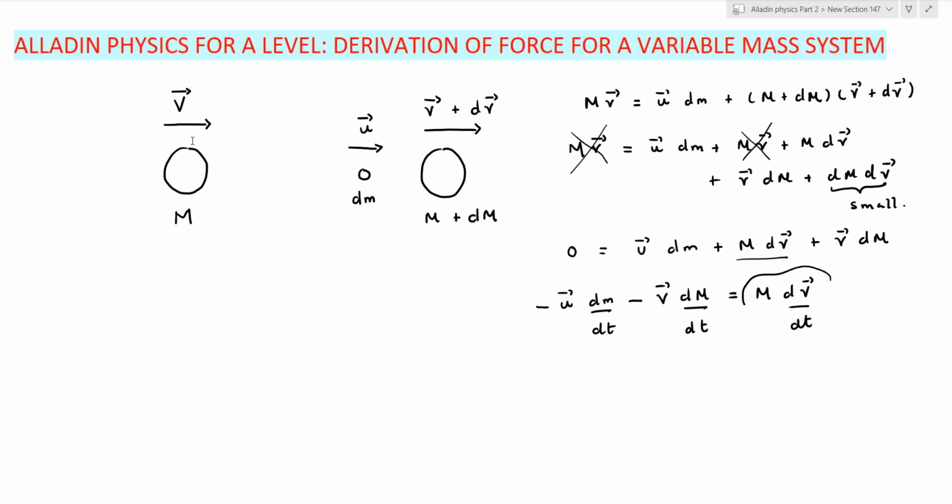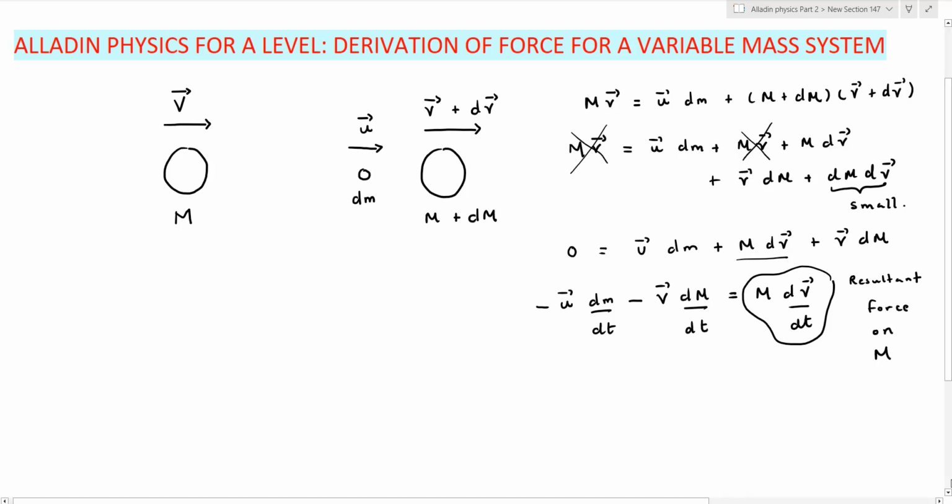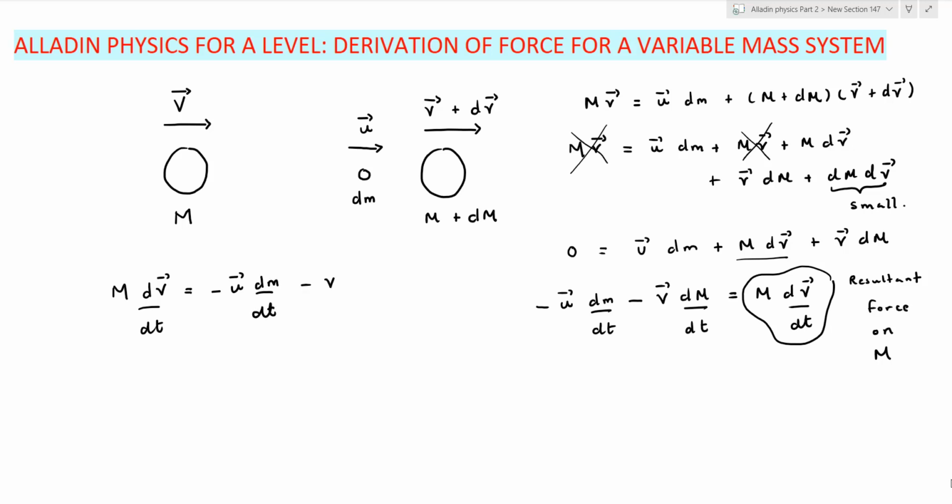So here it's simply the resultant force on capital M. So we can write this now as M dv vector by dt equal to minus u vector dm by dt minus v vector dM by dt.